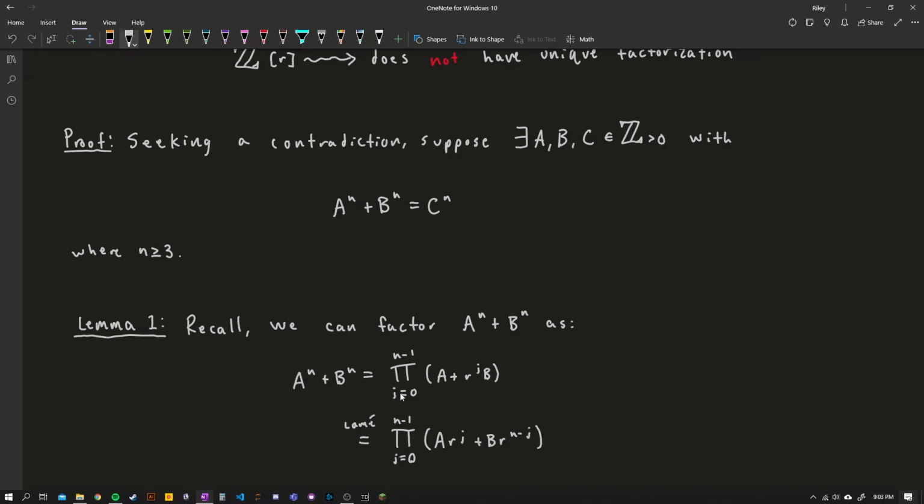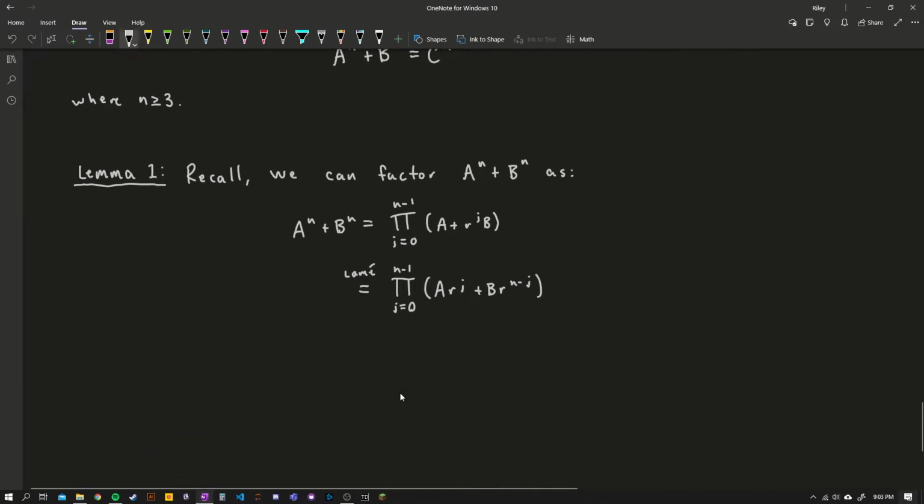Before I get any further, I want to introduce some notation I'll be using. I want to denote the kth term of this factorization by m sub k, that is.